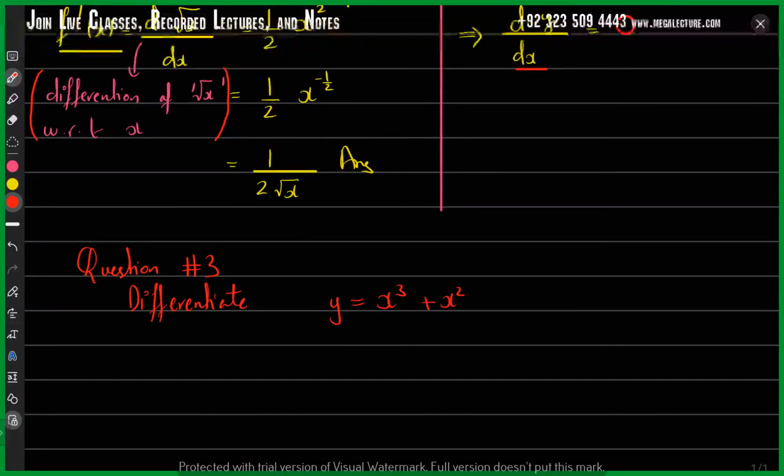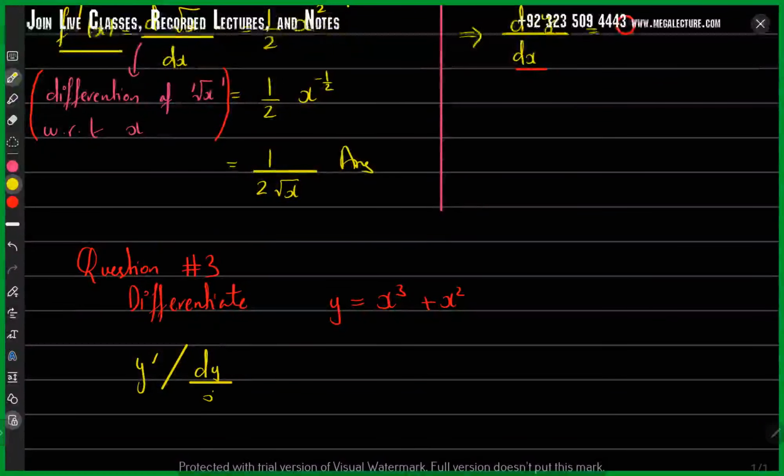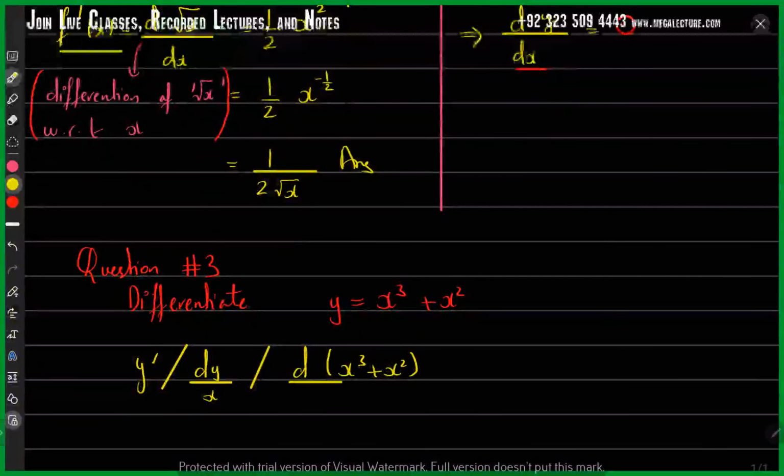I've told you we have several ways. You can write y prime, just like we wrote f prime, or you can write it as dy by dx, or you can write it as d of whatever y was equal to, x cubed plus x squared, with respect to dx.